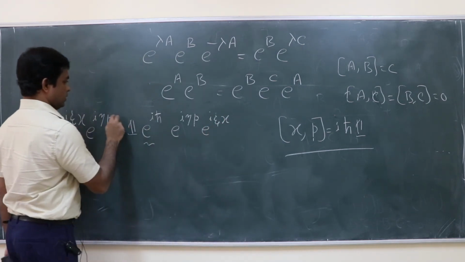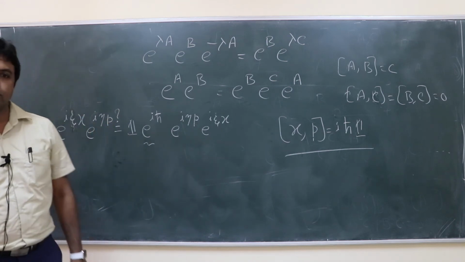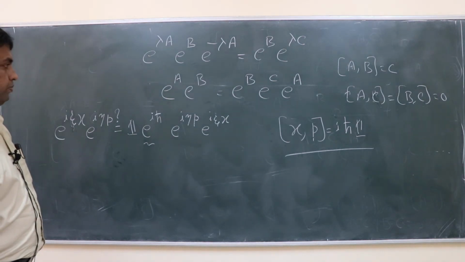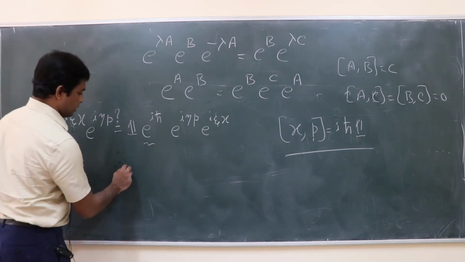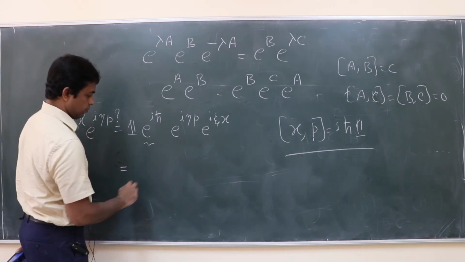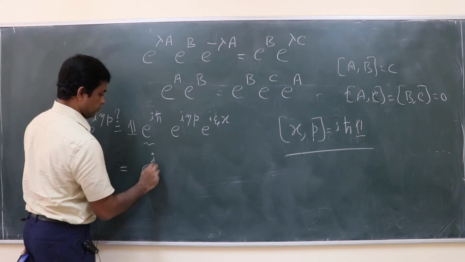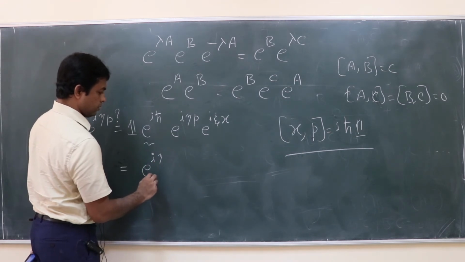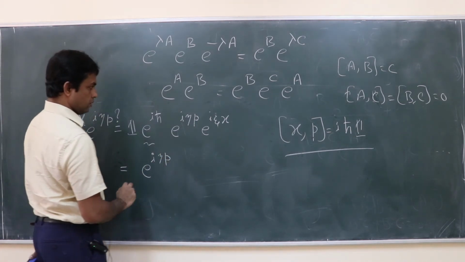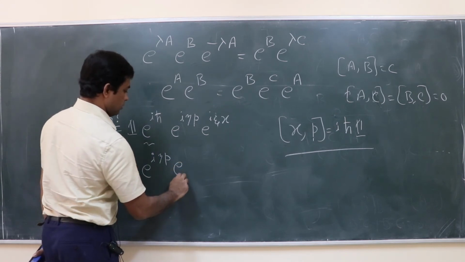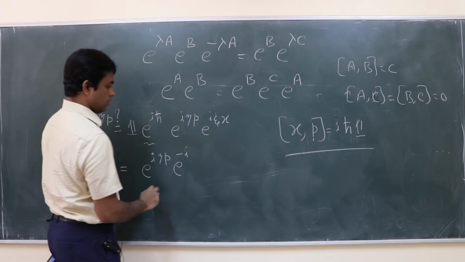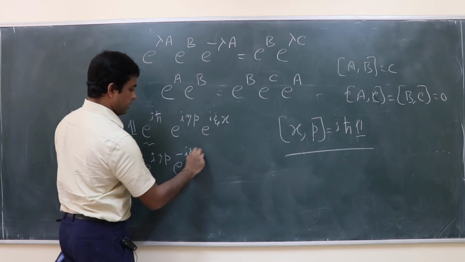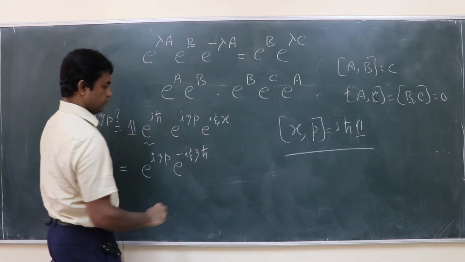Is this correct? Sir, I got a different one. Yeah, tell me your answer. e power i eta p into e to the power minus i xi eta h cross, psi eta h cross, into identity.